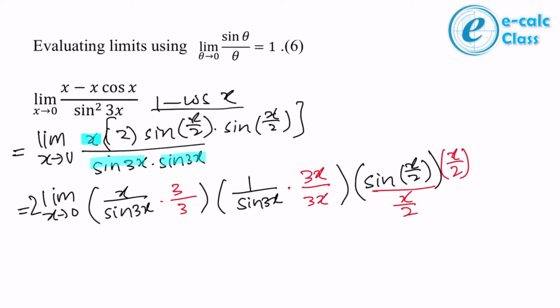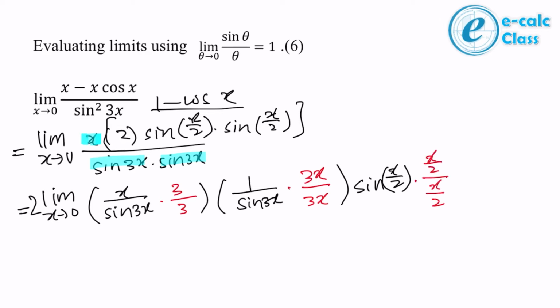I multiply by x over 2 over x over 2, so that I can later use the theorem, right? And last but not least is again the same thing: sine x over 2, then multiply by x over 2 over x over 2.